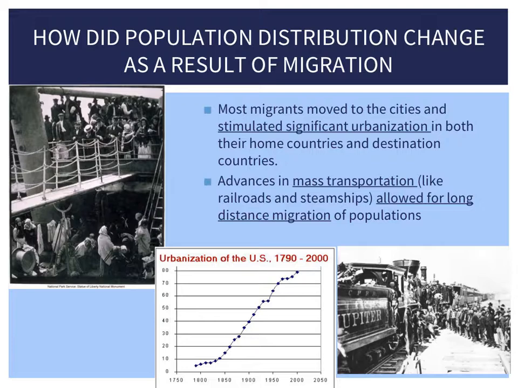Like people arrived in, say, New York and were able to travel west and settle lands in the western part of the United States. And then the steamship. The steamship allowed people to go, say, across the Atlantic, across the Pacific, throughout the Indian Ocean, and migrate to places that would have been much harder to get to prior to this particular time period.